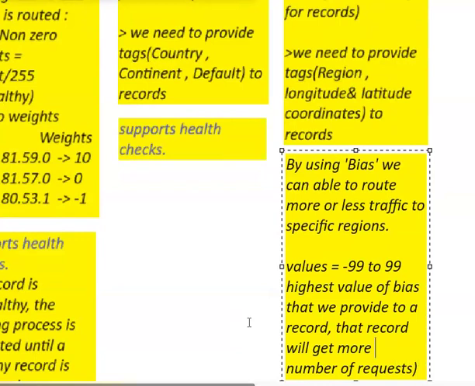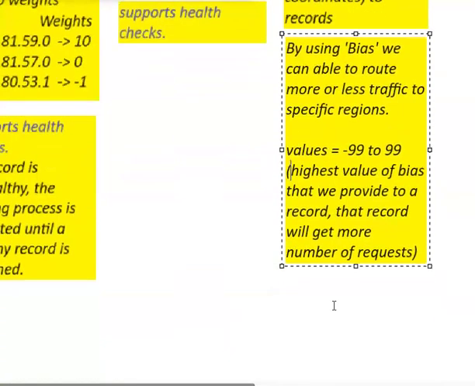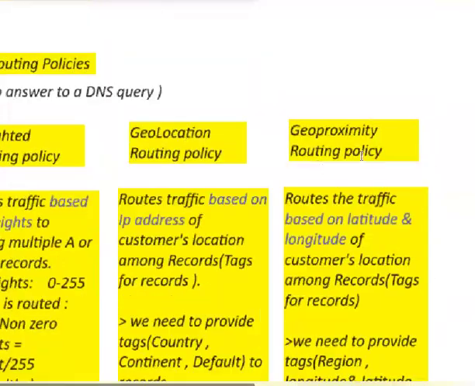In this way, we can route our traffic to a particular record or region based on biasing in geo proximity routing.